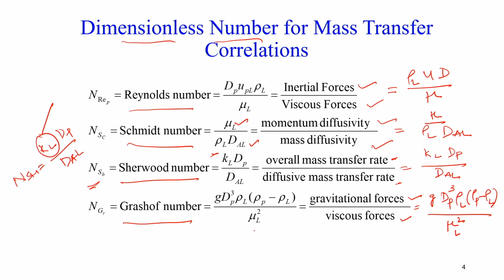So, if these parameters are there, density, viscosity, diffusivity and particle size, then we should be able to directly calculate the kLa value based on the empirical correlations. Otherwise, one can always go ahead with experimental methods.